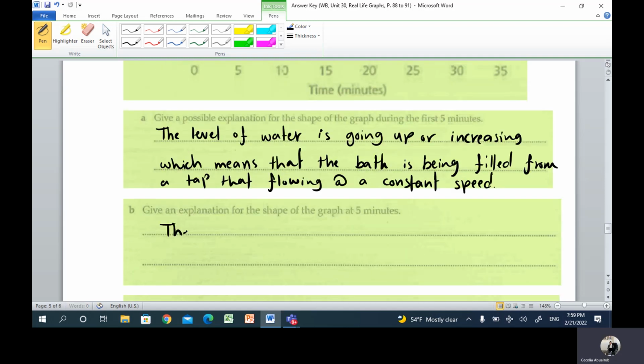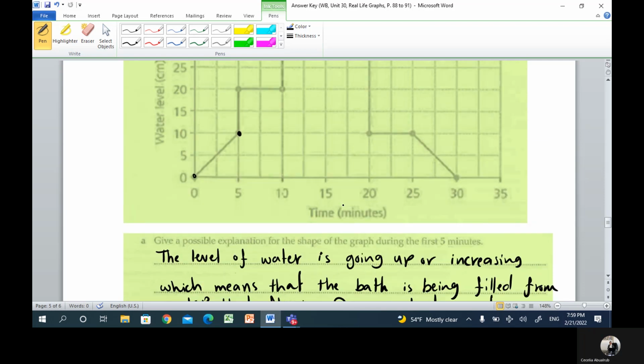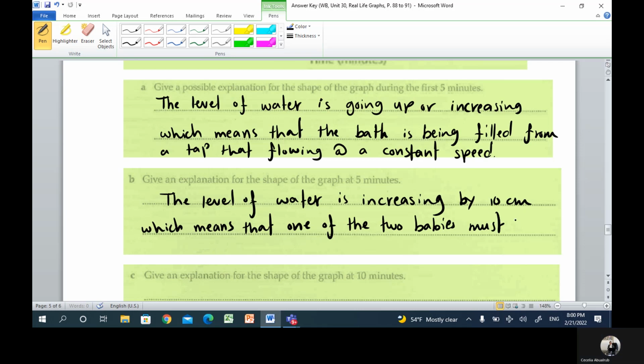So the level of water is increasing by 10 centimeters, which means that one of the two babies must have been placed in the bath.